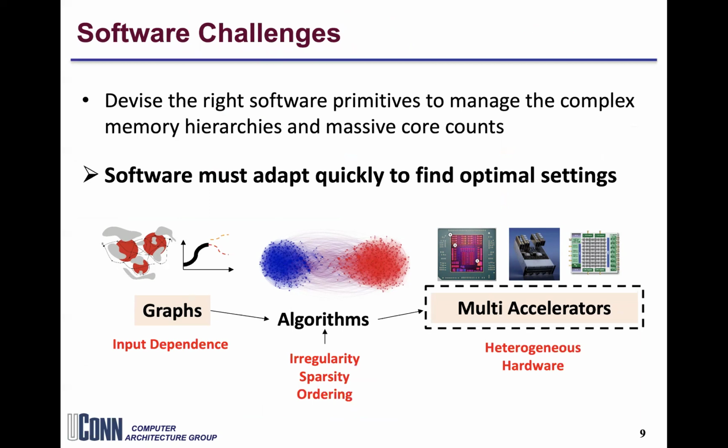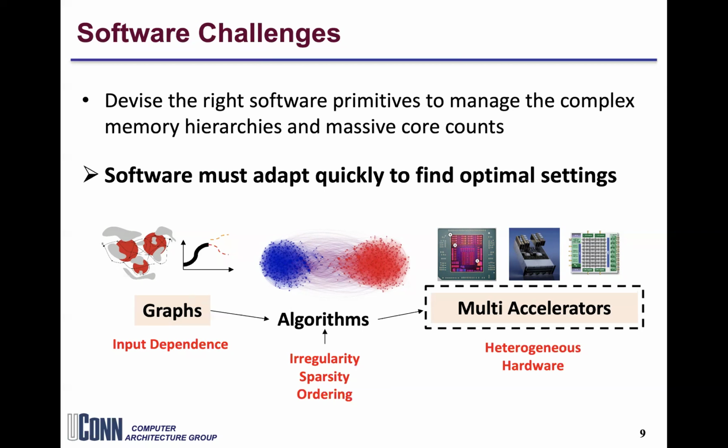Now, software is also as important, maybe more important than the hardware, because you have to devise the right software primitives to manage these complex hierarchies, these complex protocols. These hardware protocols are not worth anything if the software is not taking advantage of these primitives. One of the key findings I have in terms of graph processing is, if you look at graphs, there's a lot of input dependence.